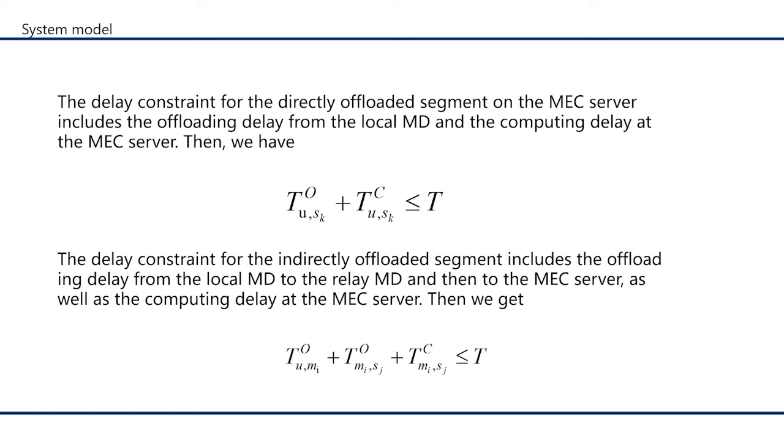The delay constraint for the indirectly offloaded segment includes the offloading delay from the local mobile device to the relay mobile device and then to the MEC server, as well as the computing delay at the MEC server. Then we get this formula. Let's expand this formula to get this formula.